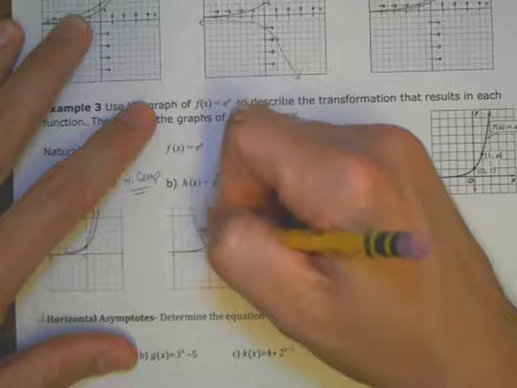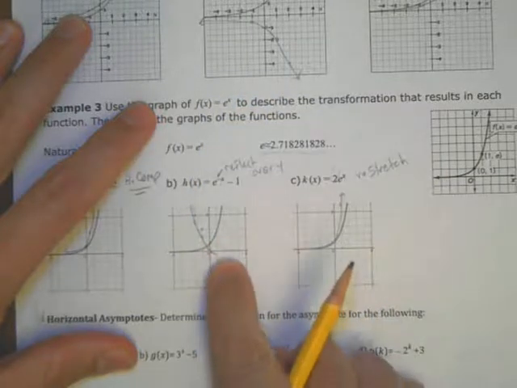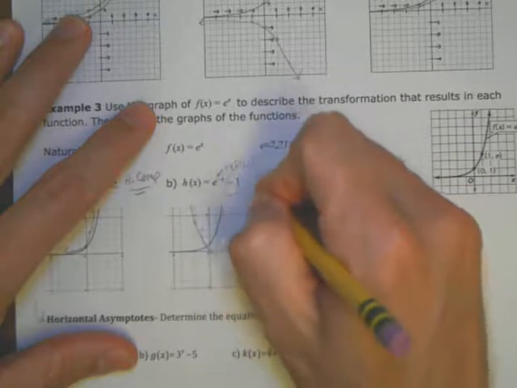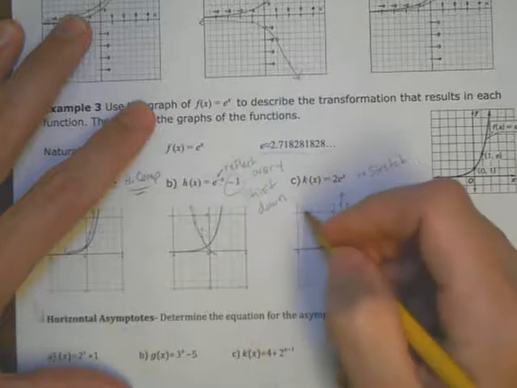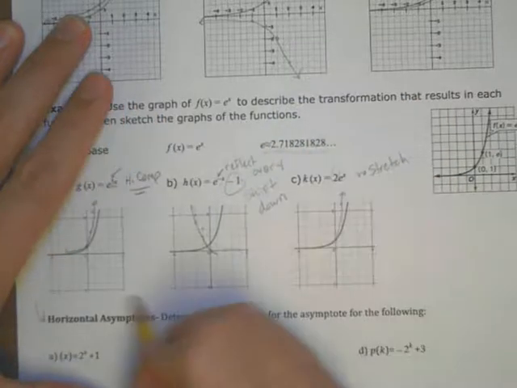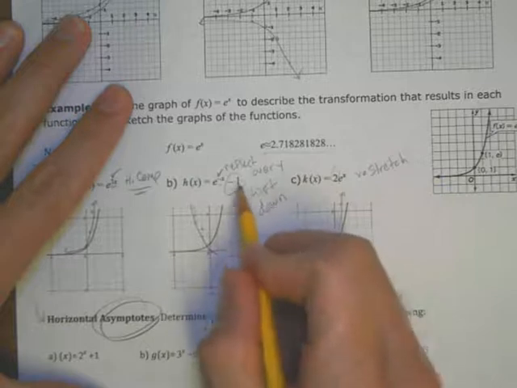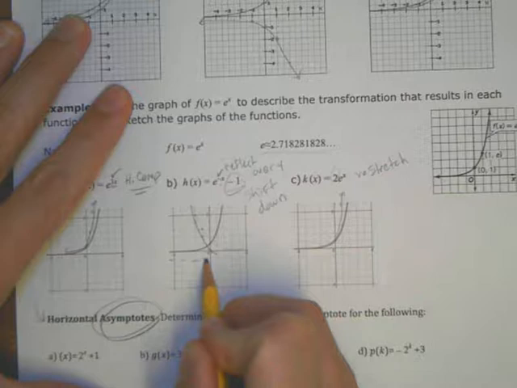Because this shift down also shifted our asymptote. Alright, so there's the big connection. This shift down shifted our asymptote from y equals 0 to y equals -1. So this has a new asymptote.